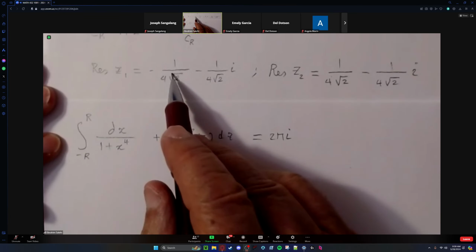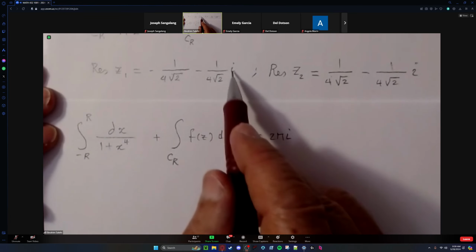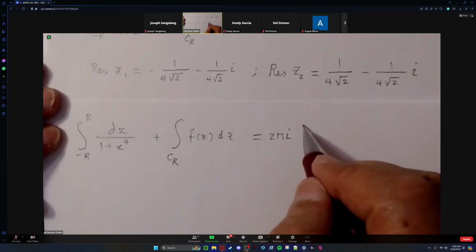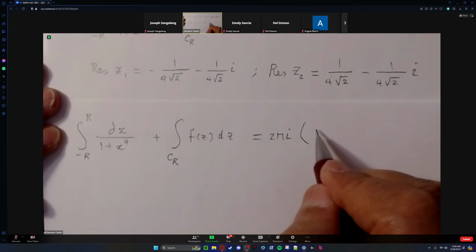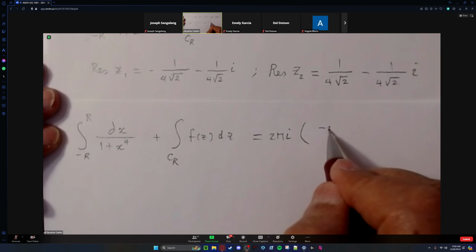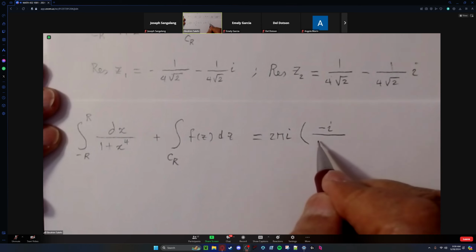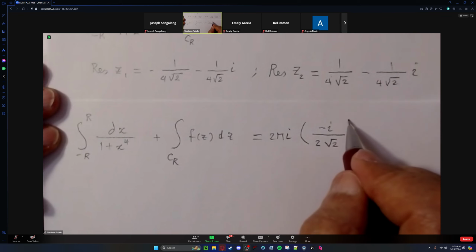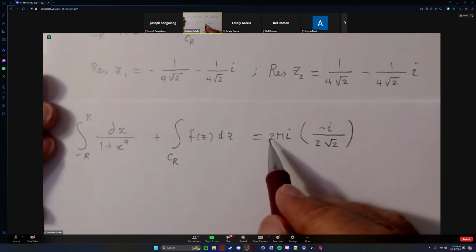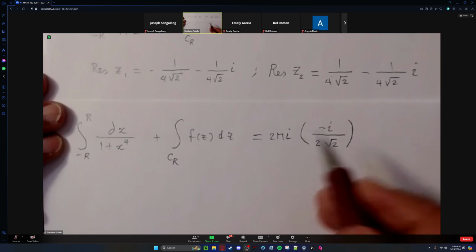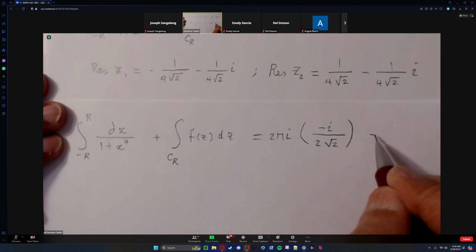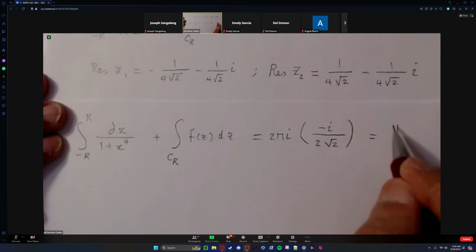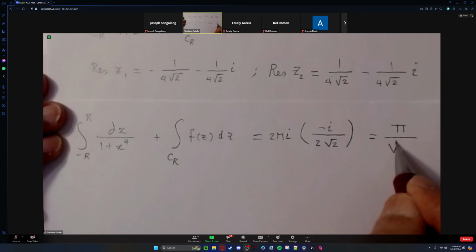So this cancels, so you will have twice of this. So it will be negative I divided by 2 square root of 2. So I and I will give us another negative. So this is basically pi over square root of 2. Very good.